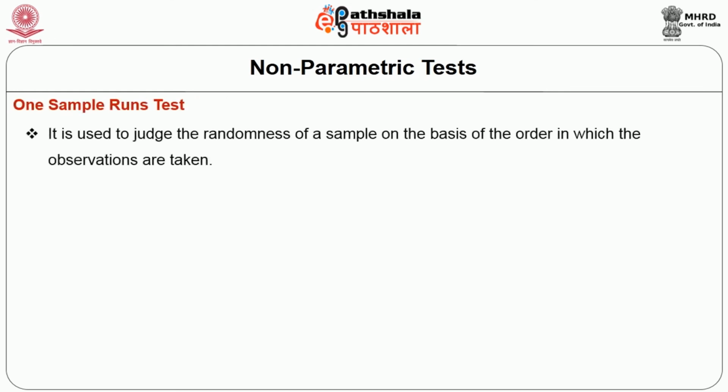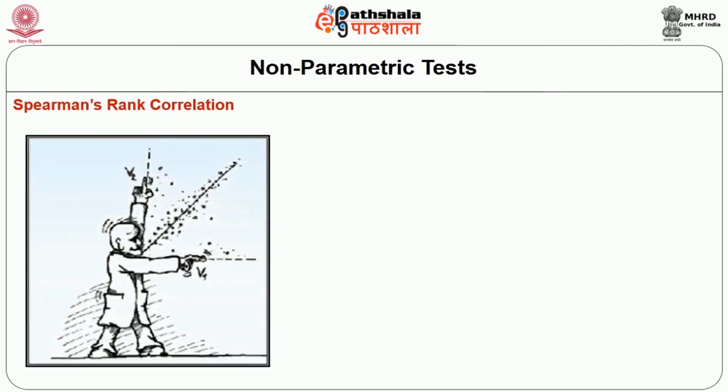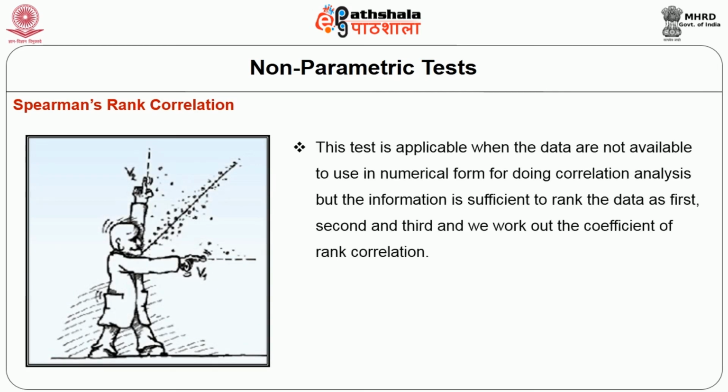Another non-parametric test is the one sample runs test. The one sample runs test is used to judge the randomness of a sample on the basis of the order in which the observations are taken. The next important non-parametric test is Spearman rank correlation.